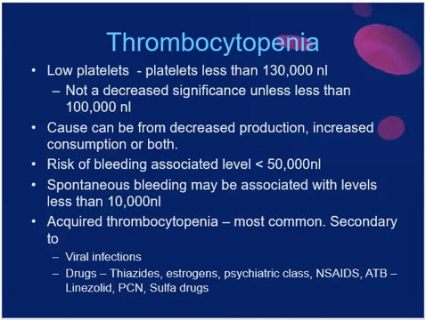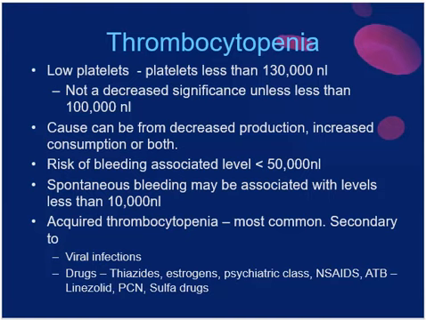This condition can be caused from decreased platelet production, increased consumption of platelets, or both. The life expectancy of platelets is approximately 7 to 10 days, so they are impacted very easily by what's going on in the blood. You can have a risk of bleeding if your platelets are less than 50,000. You can have spontaneous bleeding for platelets less than 10,000.